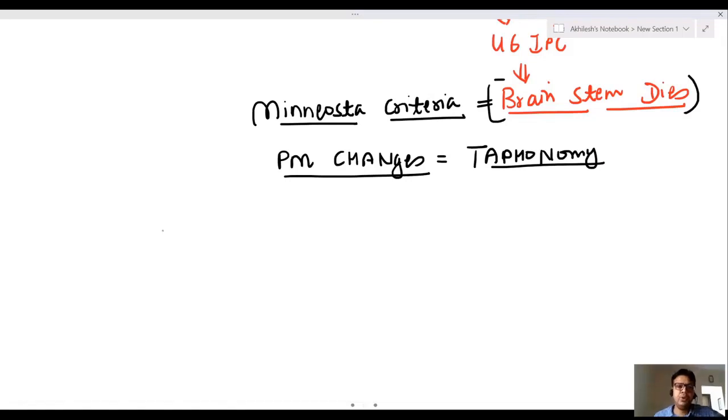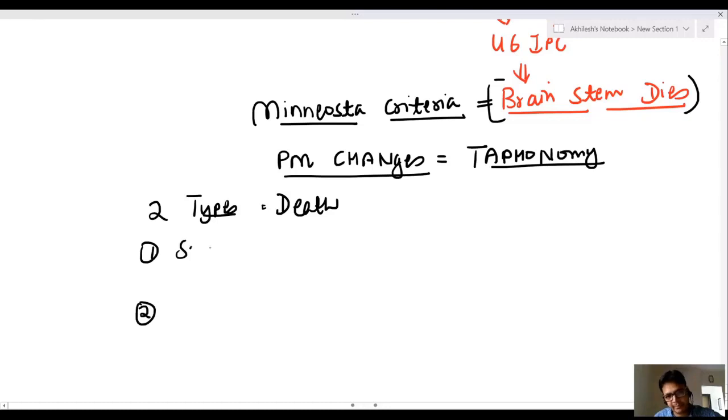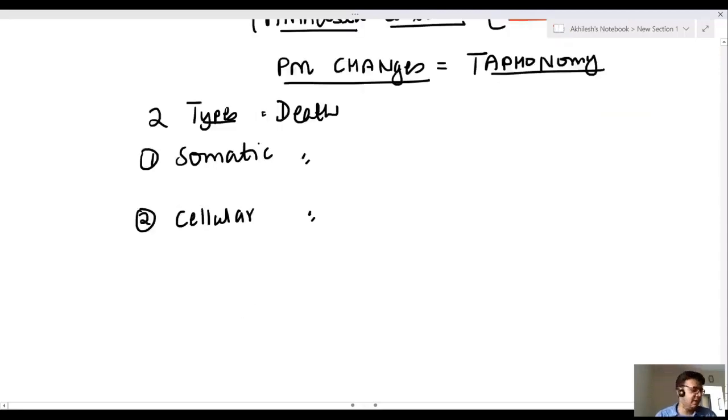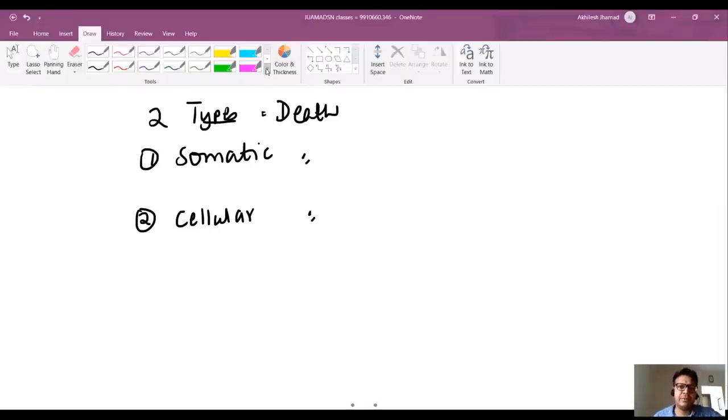Taphonomy. Two types of death we have. One is somatic death. Another is cellular death. What is the meaning of somatic death?